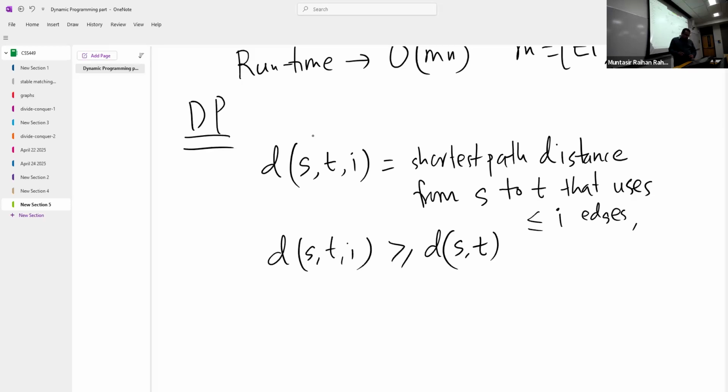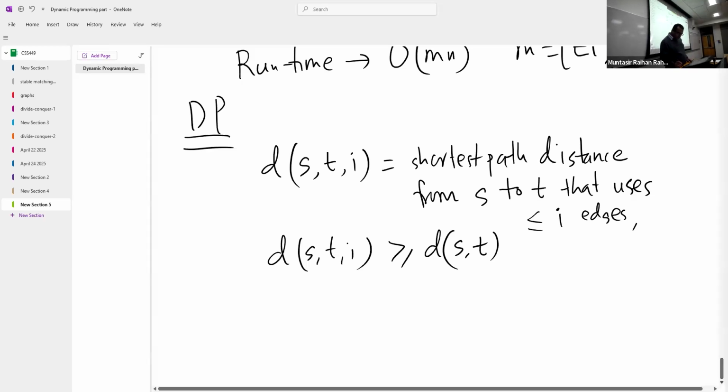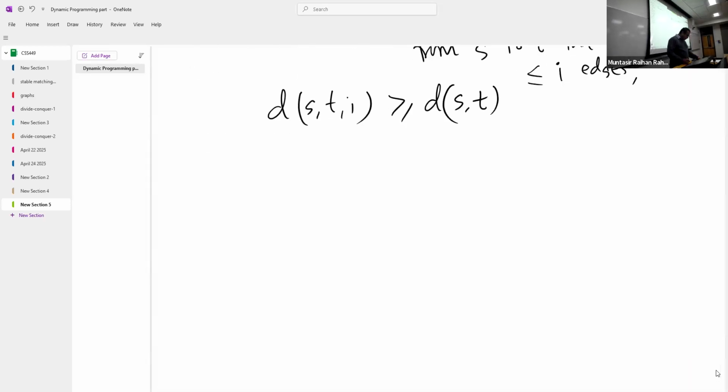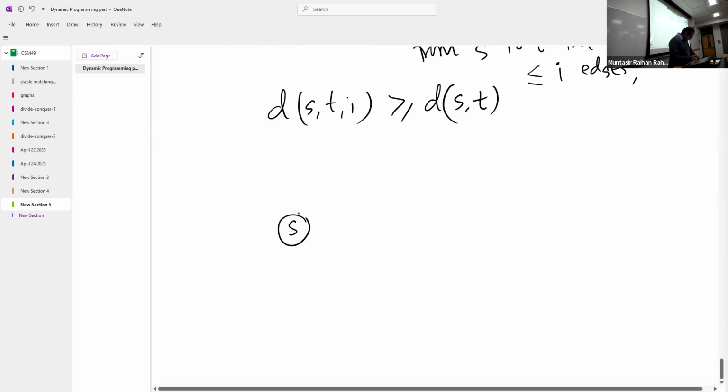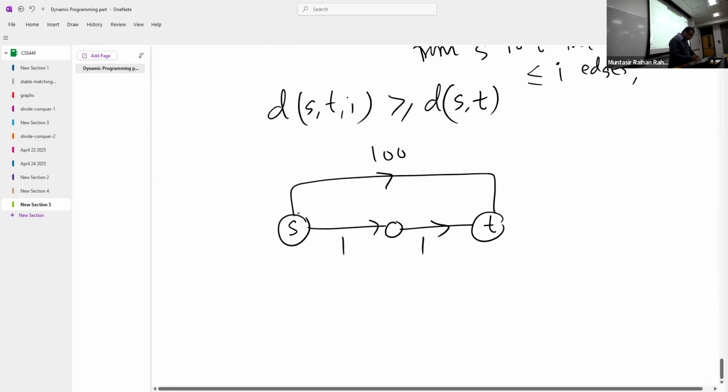To give an example of this notion, let's consider a simple graph. I have a node S, another intermediate node, and T here. Let's say this edge is cost 1, and then I have this direct edge which costs 10,000. Now what is d(s,t)? What is the shortest path here?